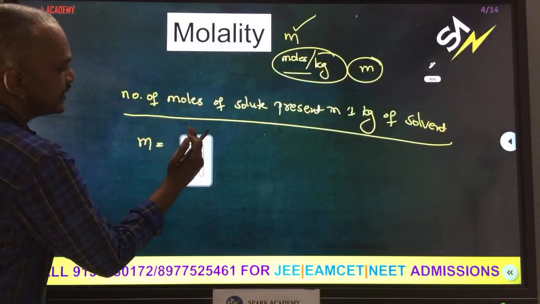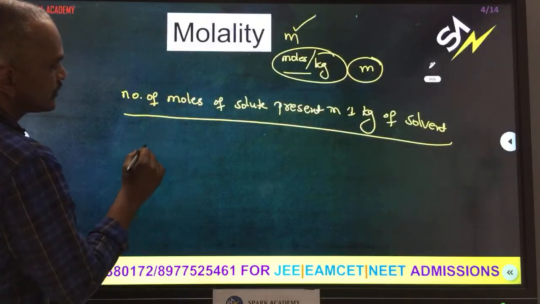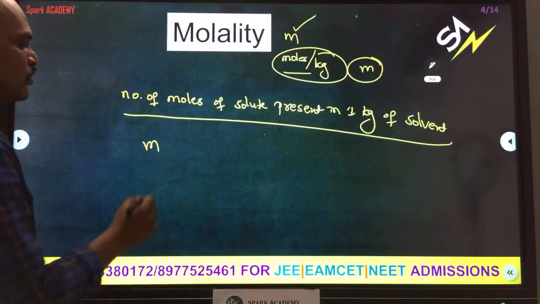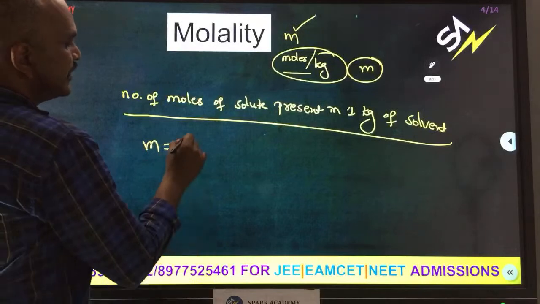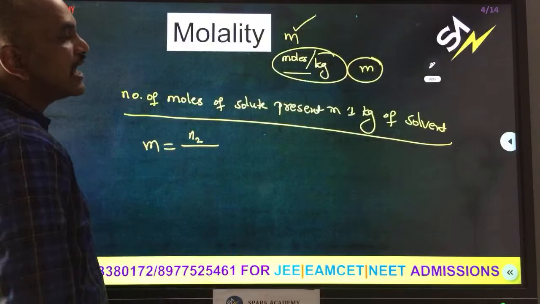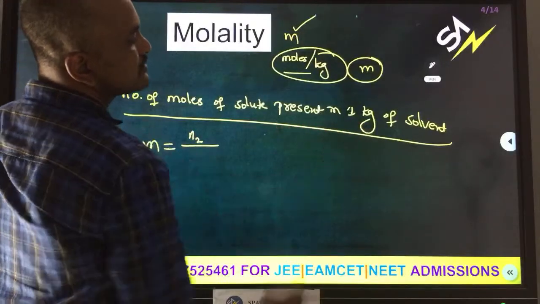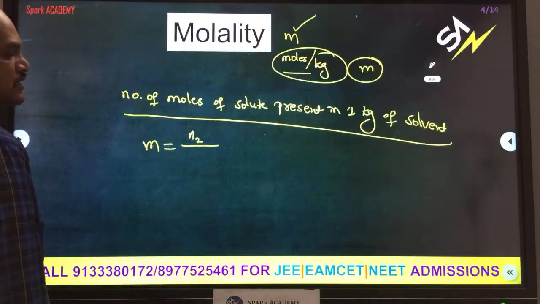Small m I am writing here. Small m means molality. Molality equals number of moles of solute present in 1 kg of solvent, that means the mass of the solvent, the weight of the solvent.